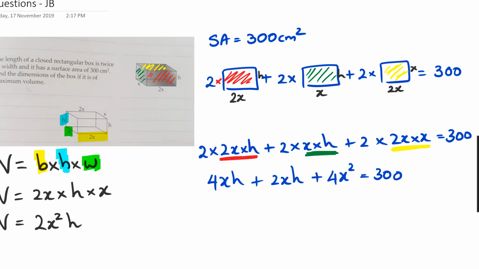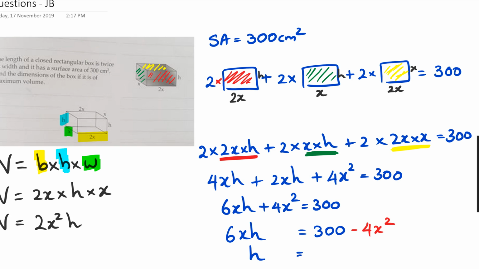That's good. So we can rewrite this as 6xh plus 4x squared equals 300. Now, rearranging it, we want h by itself. So we get 6xh equals 300, take away 4x squared.